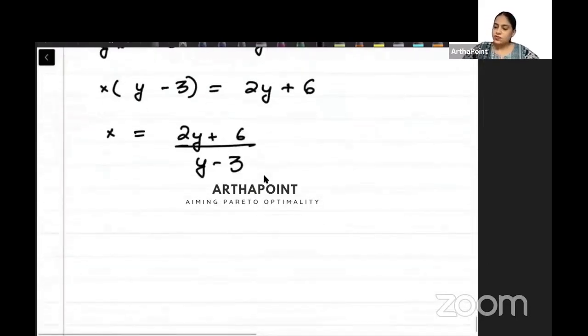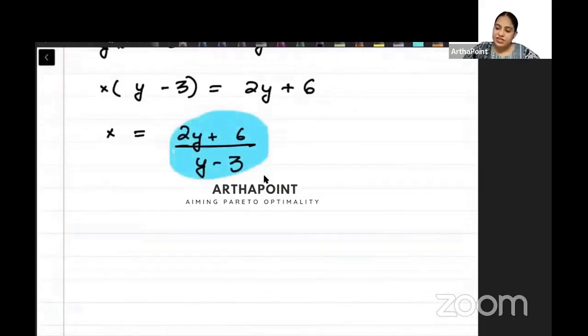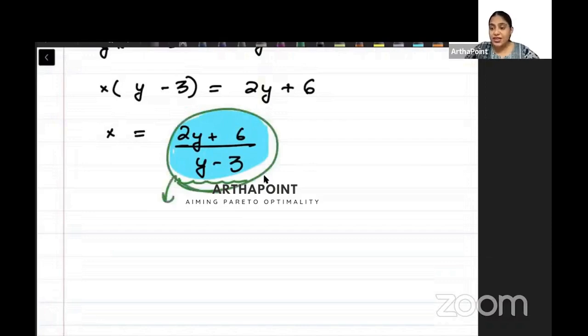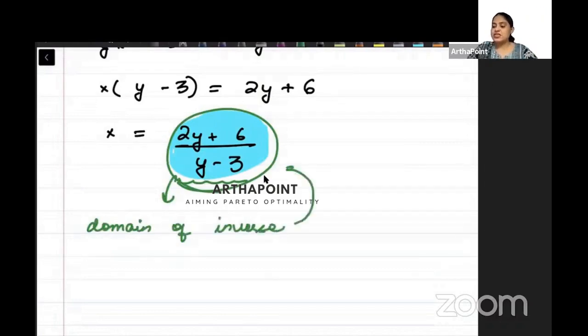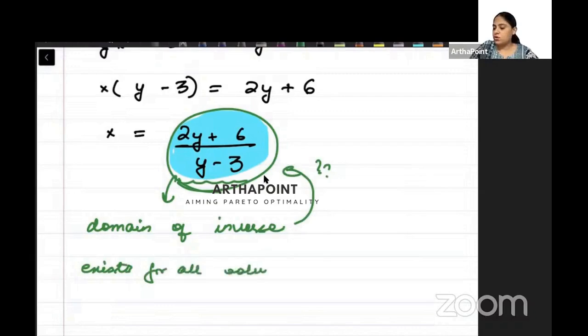ये हो गया inverse of the function. This is the inverse. Beta, when will this not exist? Inverse कब exist नहीं करेगा? If the denominator is 0, है ना? So ये सारा values of y के लिए exist करेगा. Find the domain of the inverse. What is the domain of the inverse? माने for what values of y this exists? So it exists for all values except y equal to 3.